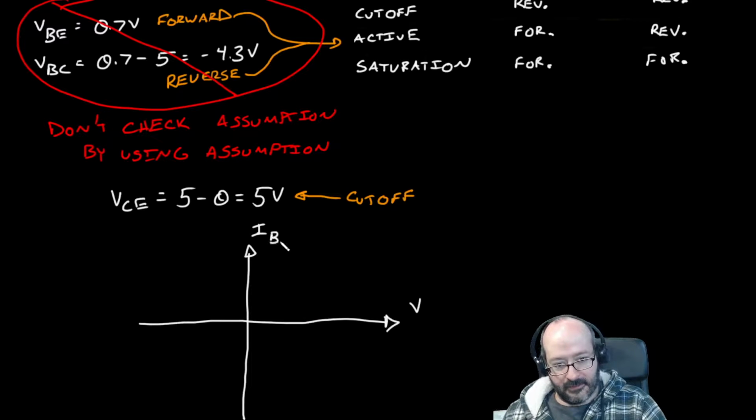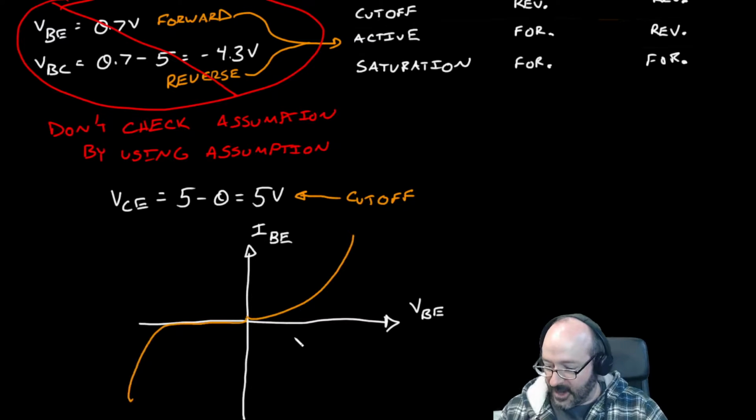Let's actually call it VBE, and we have our curve that looks something like this, and out here is 0.7 volts.